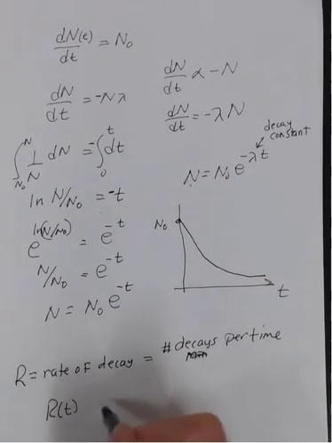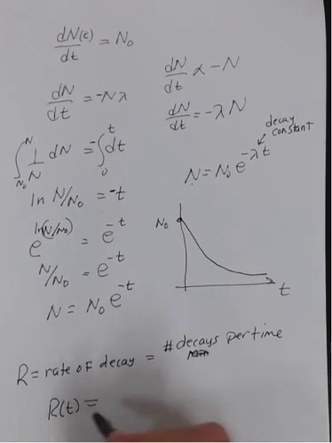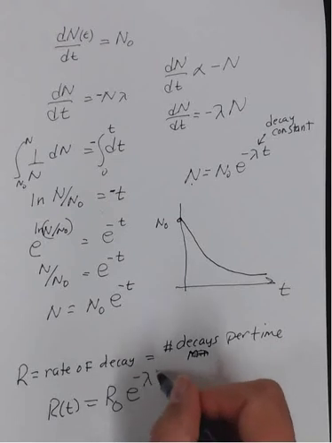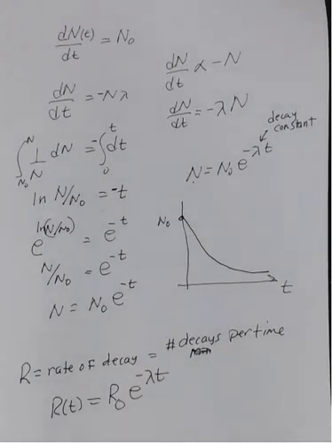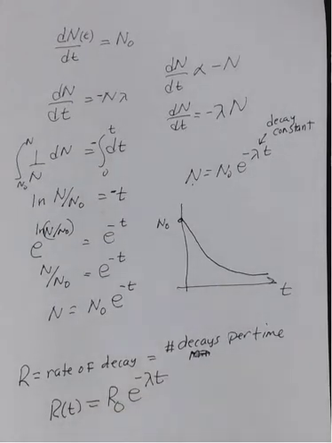At any one time, the rate of decay is going to be equal to whatever the initial rate was when you started. Because we usually measure the rate of decay, we have Geiger tubes that tell us how many decay products are going into the Geiger tube at any one time.